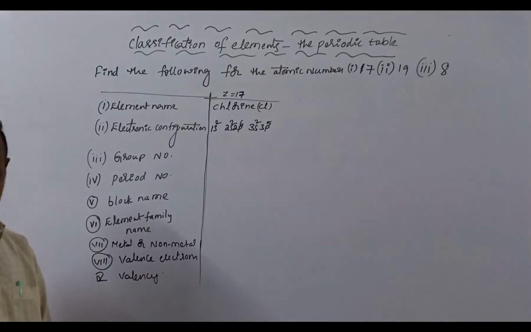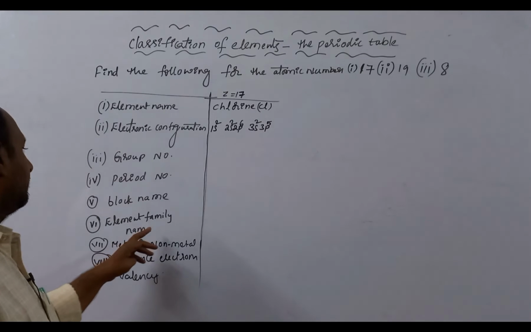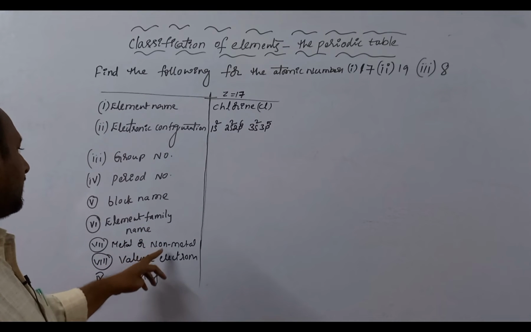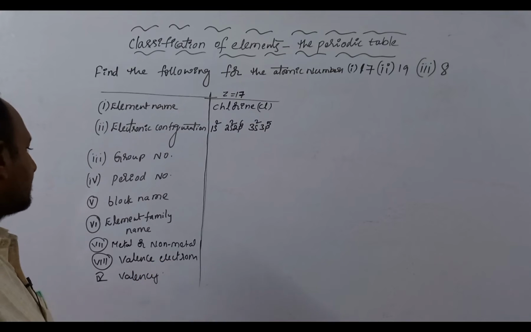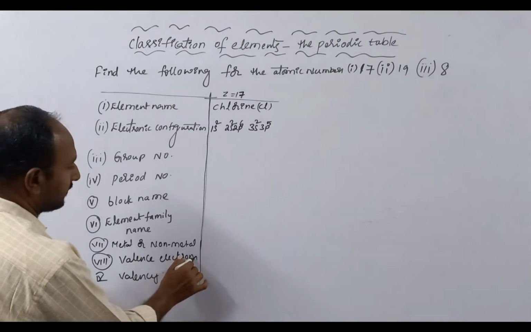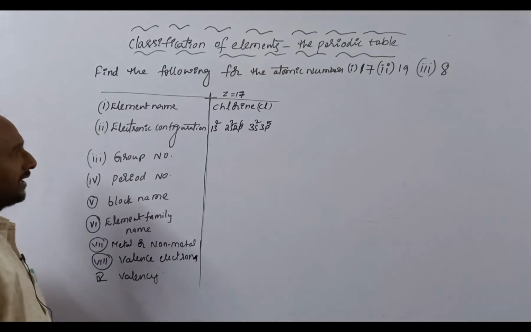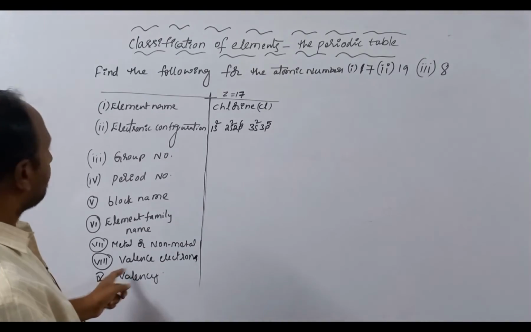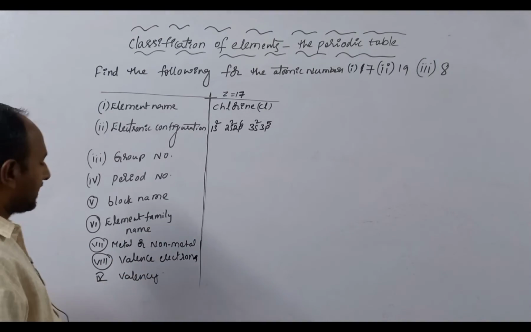So these are the properties we are going to write for the element 17, that is chlorine: element name, electronic configuration, group number, period number, block name, element family name, metal or non-metal, number of valence electrons, and valency.